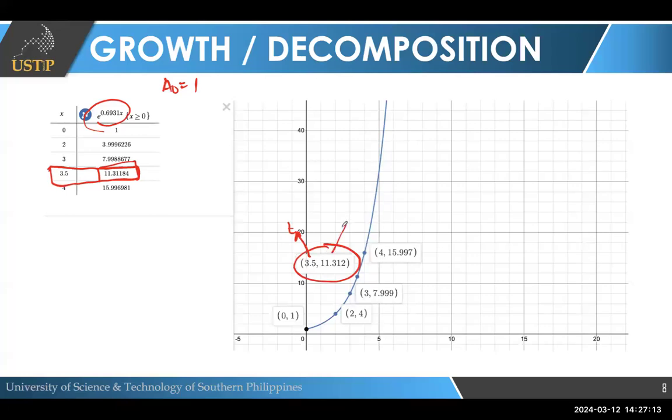Time is 3.5, your A is 11.312 with respect to your initial value of 1. If you put 100 there, of course, it will become 100 times that. But it is easier to see if your A naught is 1. Okay, so that's how you check graphically. And then we can see in our graph that it is really exponentially increasing. Okay, let's go to decay, class.